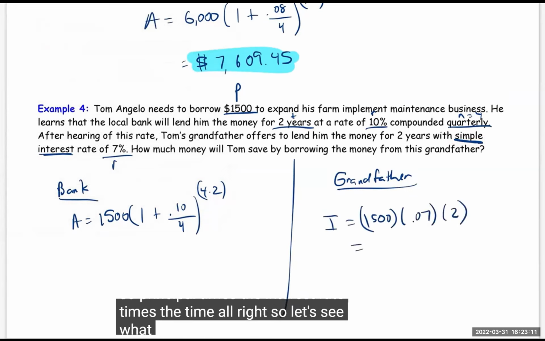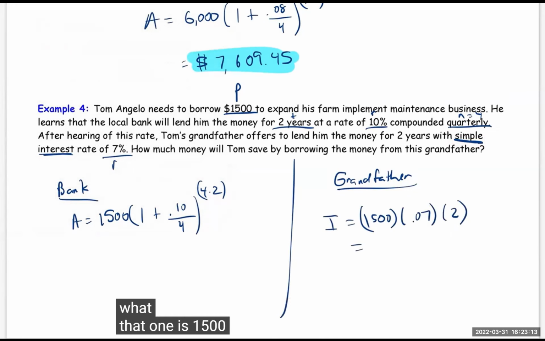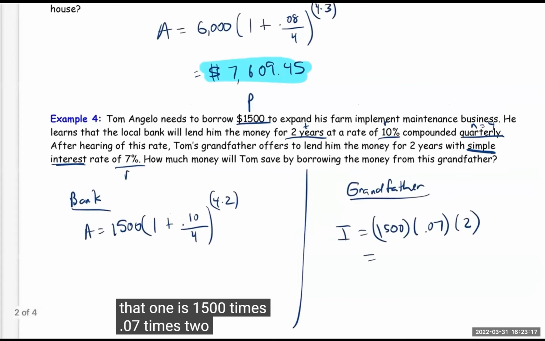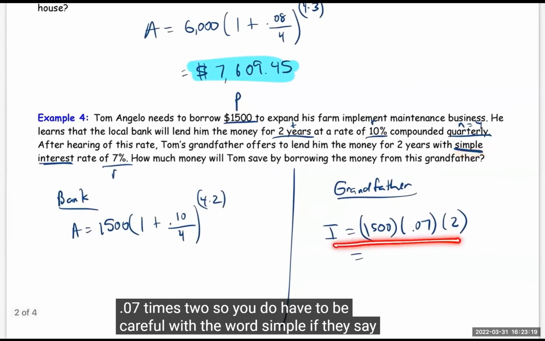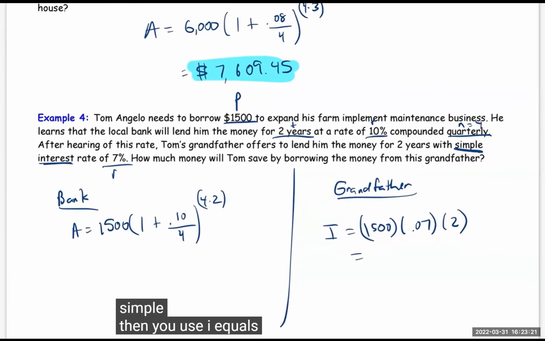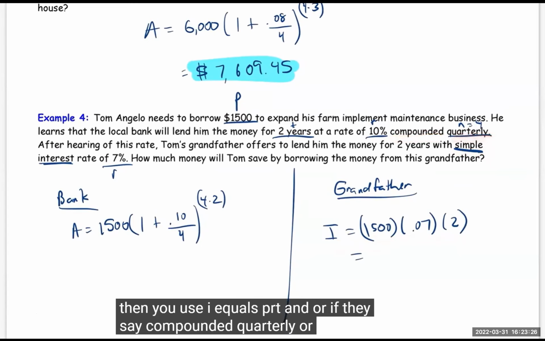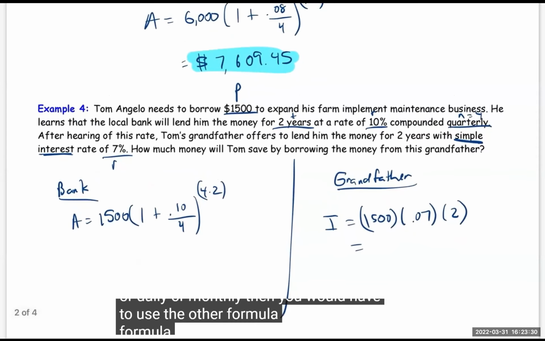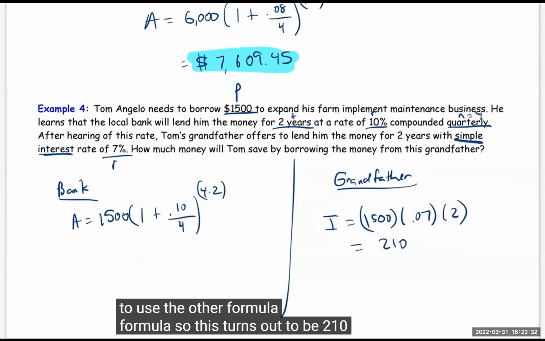All right, so let's see what that one is. 1,500 times 0.07 times 2. So you do have to be careful with the word simple. If they say simple, then you use I equals PRT. Or if they say compounded quarterly or daily or monthly, then you would have to use the other formula. So this turns out to be $210.